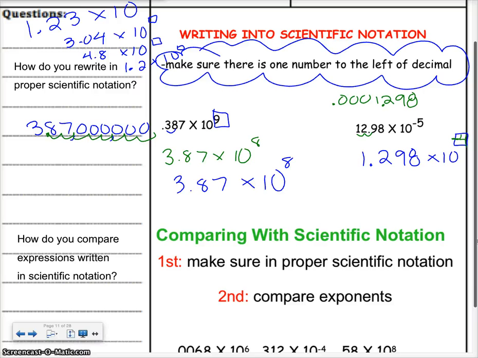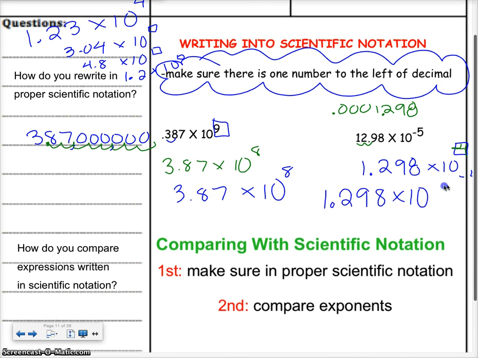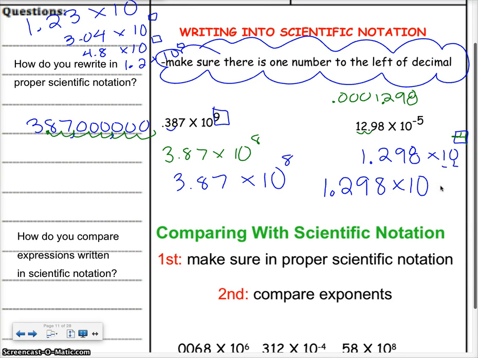The logical way is I know it has to be 1.298 times 10 to the something. Then I think, okay, it tells me I need to go 5 to the left. Well, I went 1 to the left to get it into proper form, so I have 4 more to the left that I have to move.